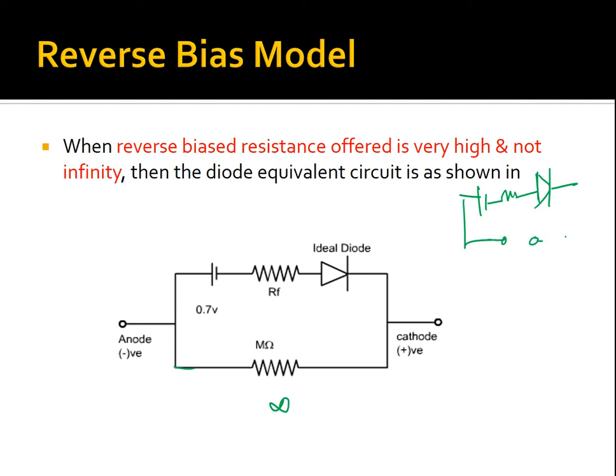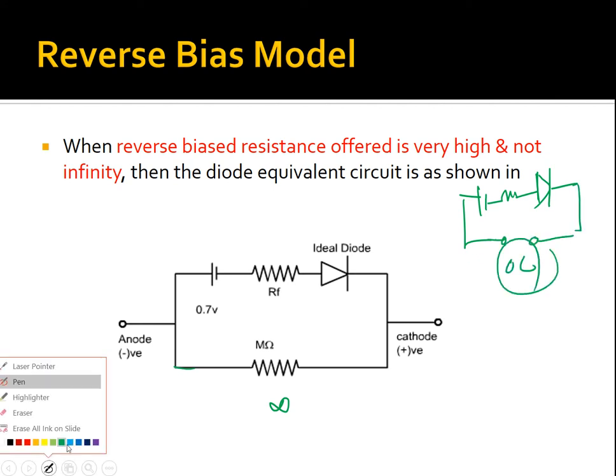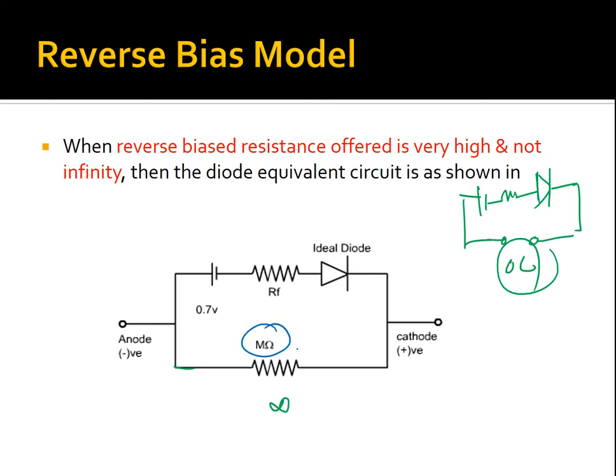Infinity means open circuit. This is the typical model. But if you are not modeling it as an open circuit, we can place a very high value, like in mega ohm. Like we have seen last time, we have a very high value of the reverse bias resistance. So we'll just place a very high value resistance here. This is the reverse bias model of the diode.